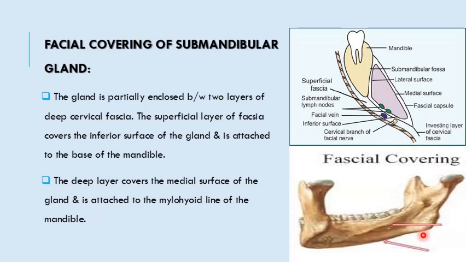Superficial layer is attached to the base of the mandible and deep layer is attached to this mylohyoid line. Superficial layer, here you can see, covers the superficial or inferior surface of the submandibular gland, and the deep layer covers the medial surface of the submandibular gland, while this lateral surface is in direct contact with the mandible.